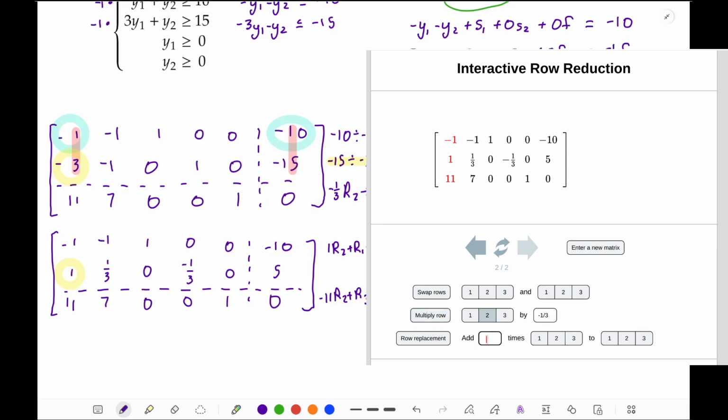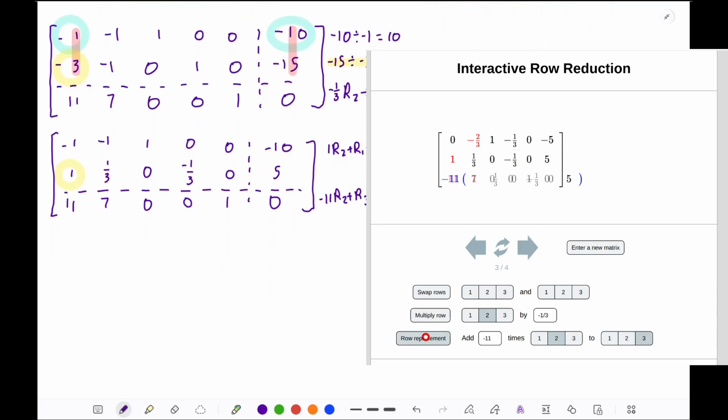So we're adding 1 times row 2 to row 1, row replacement. Then we're adding negative 11 times row 2 to row 3, row replacement.